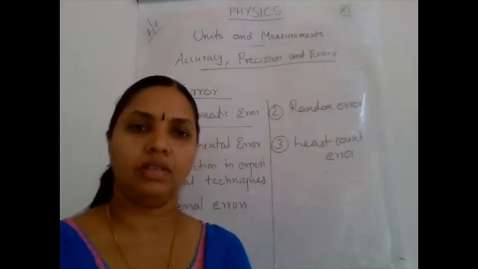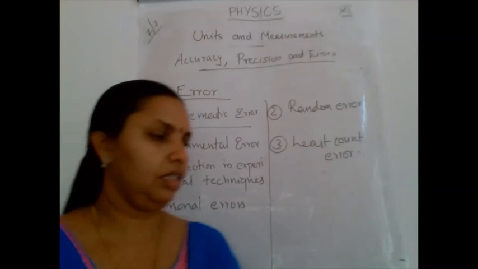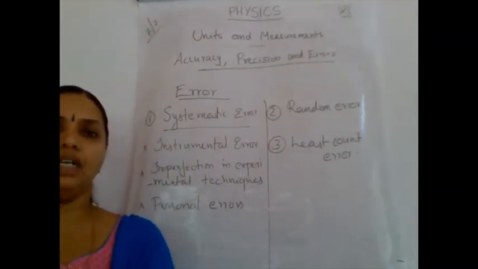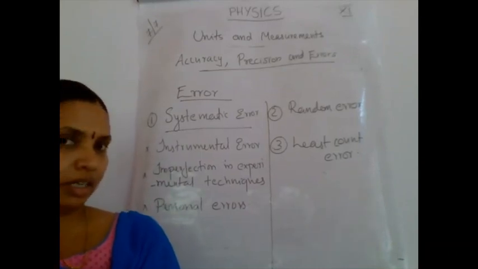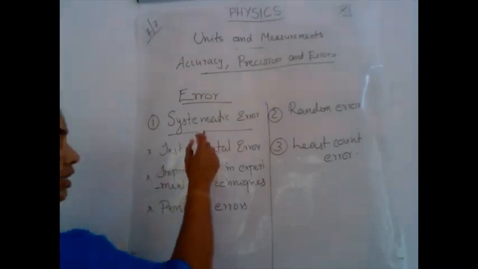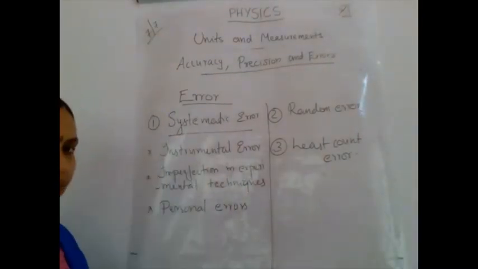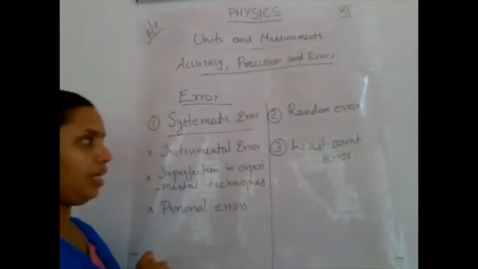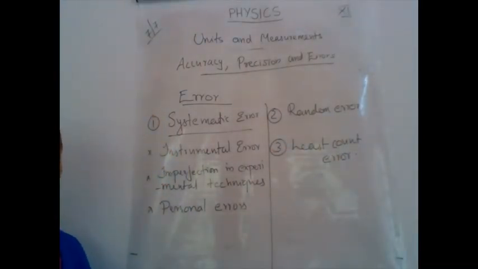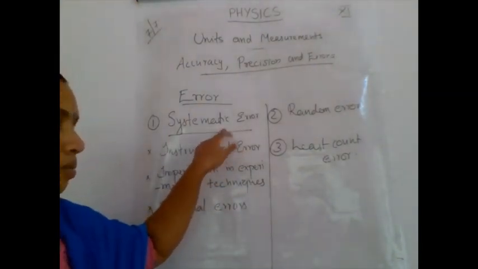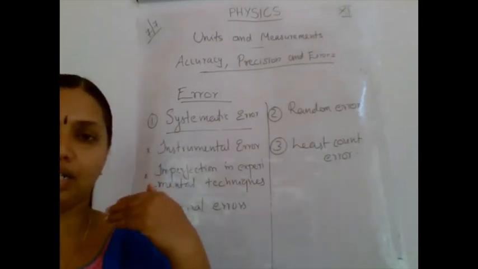We know error is the difference between the true value and the measured value. Errors are classified into different types: systematic error, random error and least count error. Systematic error means the error occurs in a systematic way.